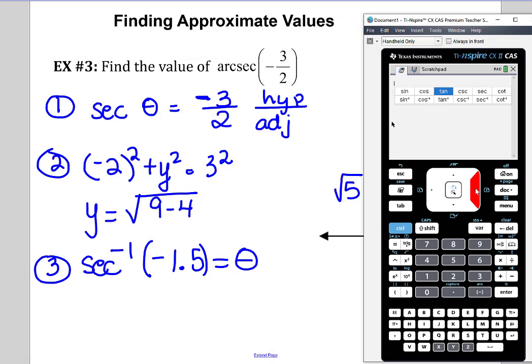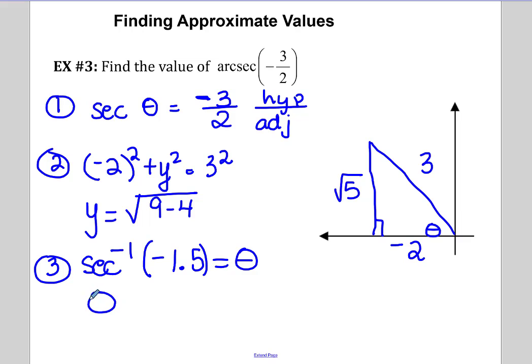Now again, if you're using the TI-84, you're going to have to use cosine inverse of 1 over negative 1½. But on the Inspire, I can just ask secant inverse of negative 1.5, and that looks like 2.301. So the angle in radians is about 2.301 radians.